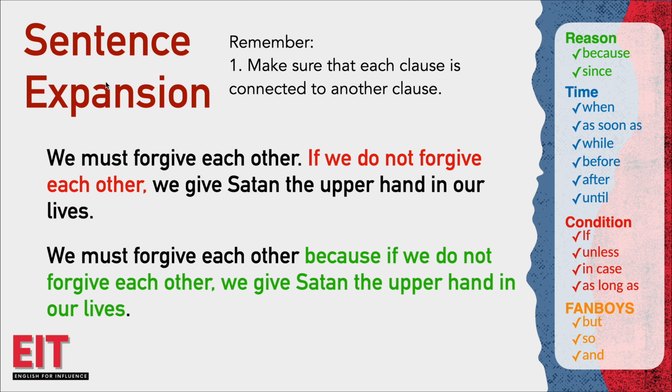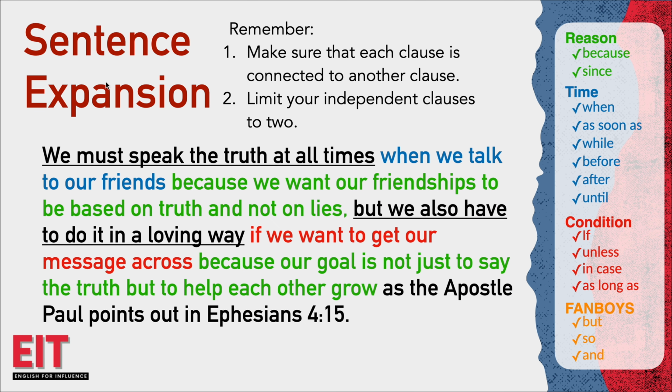Okay, the second thing that I want to point out when you're expanding your sentence is limit your independent clauses to just two. Like in our sentence, we only have two independent clauses, right? Can you identify them?